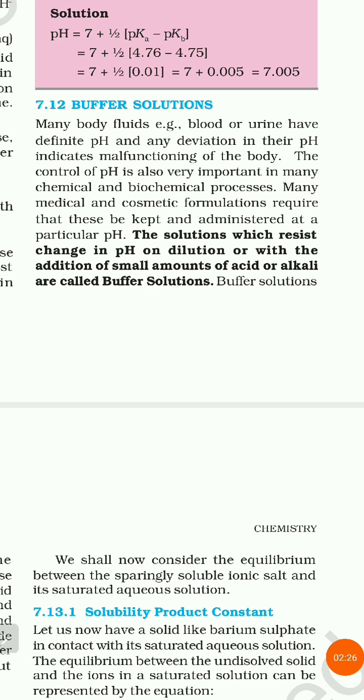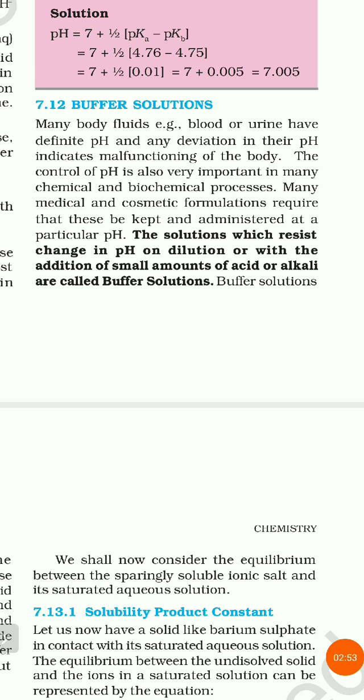The best example is our blood. Blood also contains liquid, right? If the blood quantity decreases and the water quantity is more, what will happen?